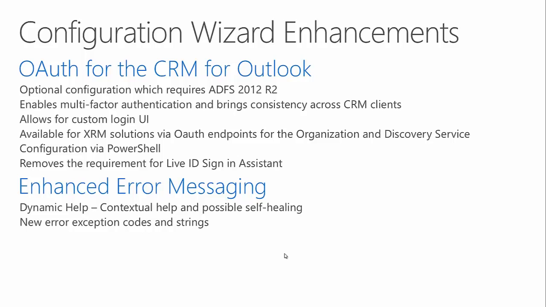Now we actually have a link that takes you to a dynamic help page that we can update with contextual help information that we've gathered from other customers, and maybe things that we've seen as different trends that we can document on how to fix these, and really give you some possible self-healing information out there where you don't have to contact support, or you don't have to look out in the blogs or things like that. You can go right to this dynamic help page, find out what the issue is and how to resolve that. There's also new error exception codes and strings that are included with the Outlook client to help with better error messaging.